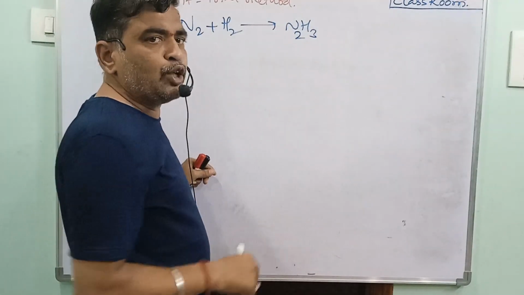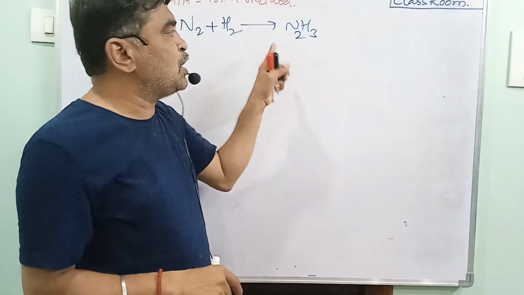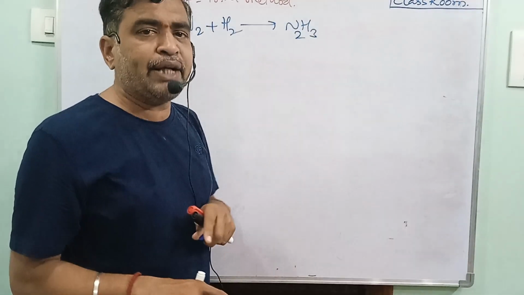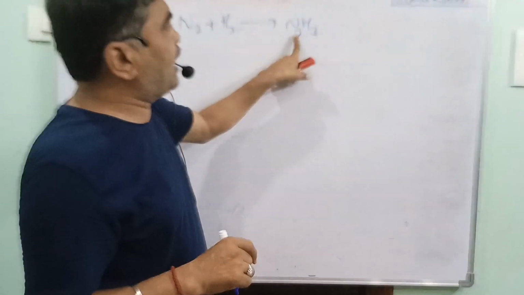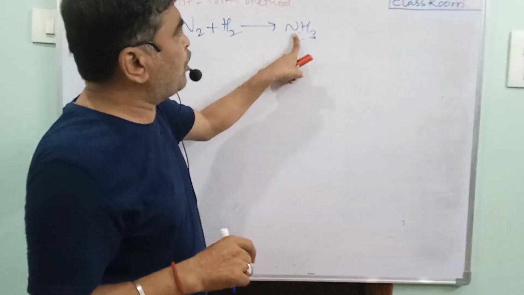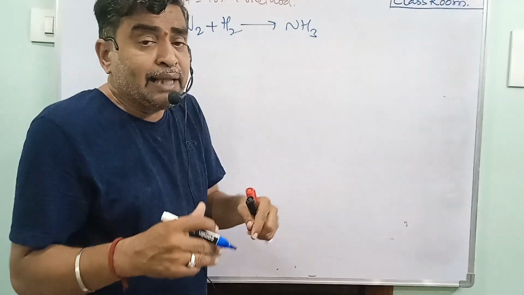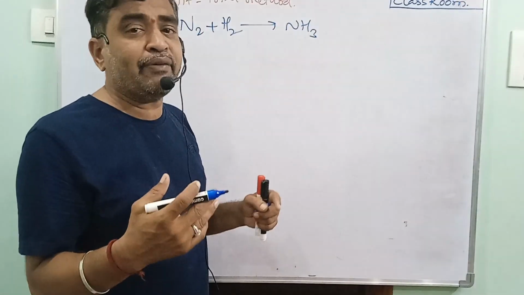Because when you change N2, the law of proportionality is disturbed. To form ammonia, the nitrogen and hydrogen ratio must be 1:3 only. So you are not allowed to write like this. You are not going to disturb the law of proportionality. Just we change the integers as per our law.